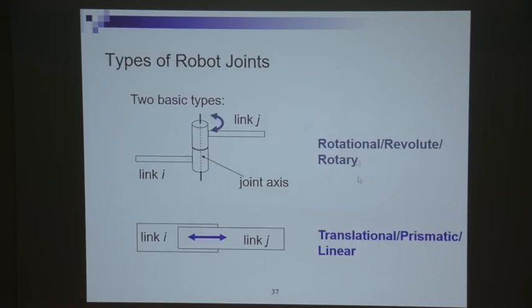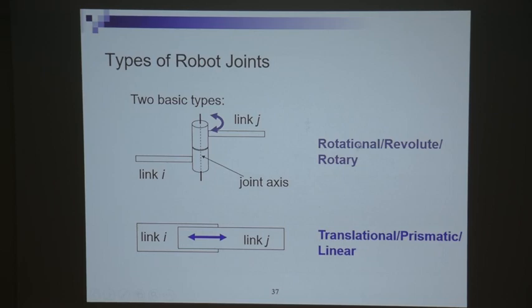So when we continue with the robot joints, the two basic types we talk about are the rotational as well as the translational. The rotational is also known as the revolute or rotary joint. So this is a link, this is another link, and you have a joint axis that connects them. So this is a rotational joint.